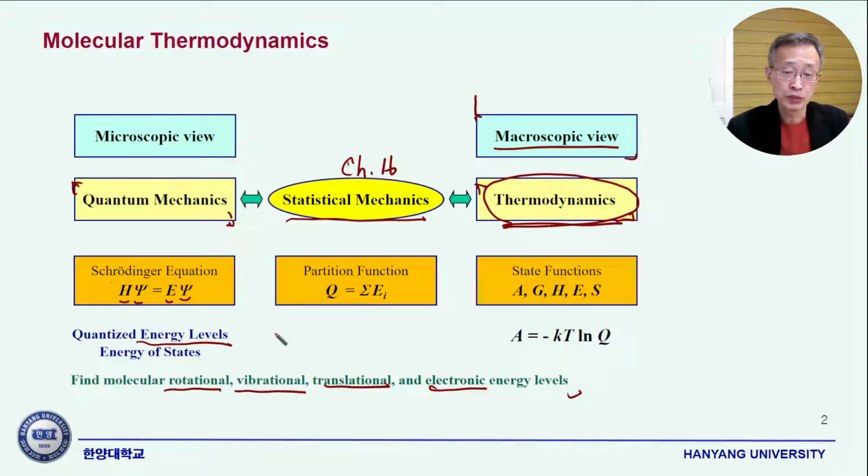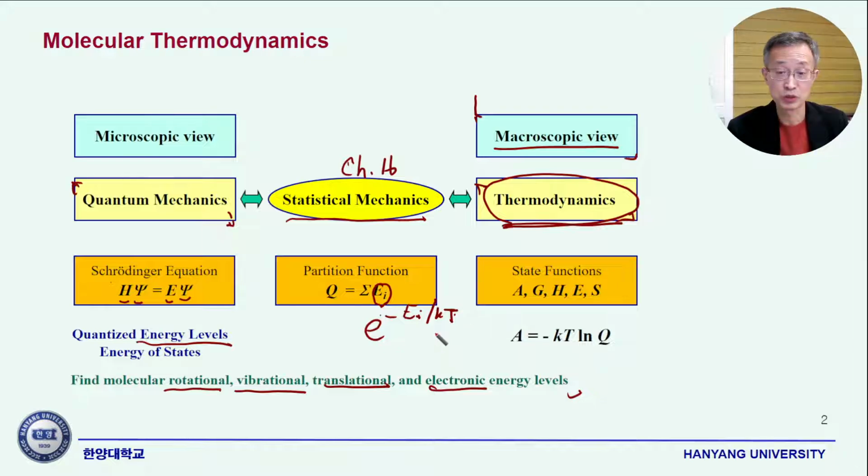Once we obtain the energy levels, the energies of each molecular state, then we can calculate e to the minus epsilon_i over kT. This k is the Boltzmann constant and T is the absolute temperature.